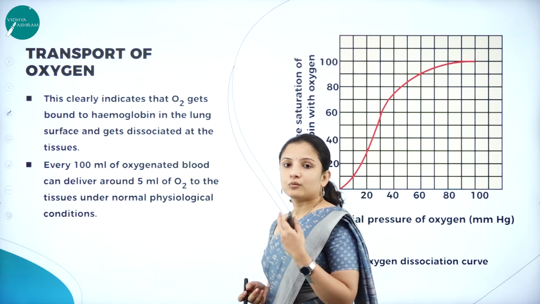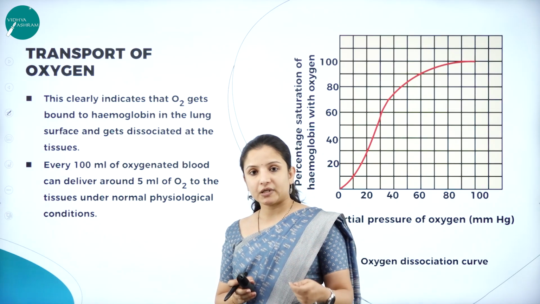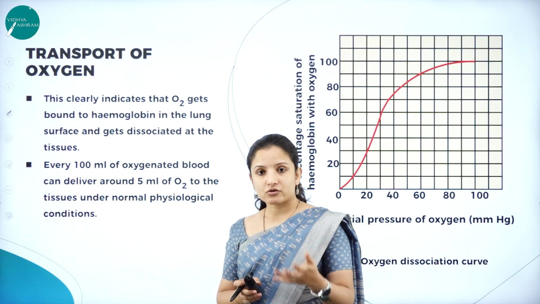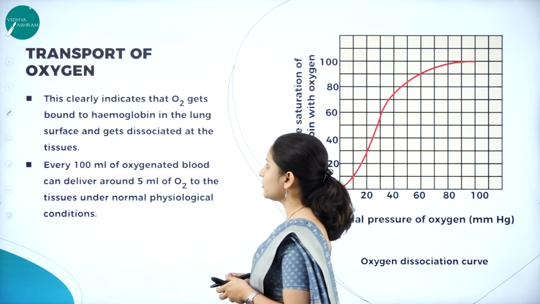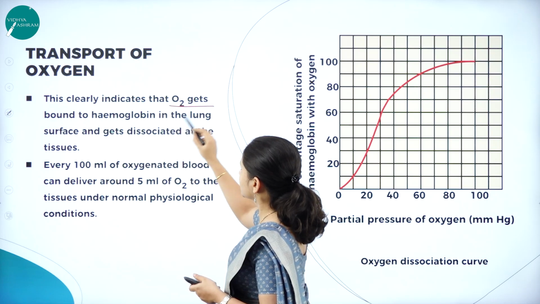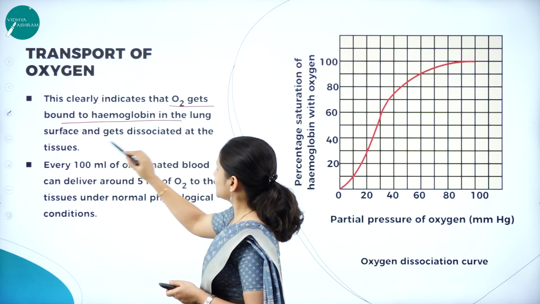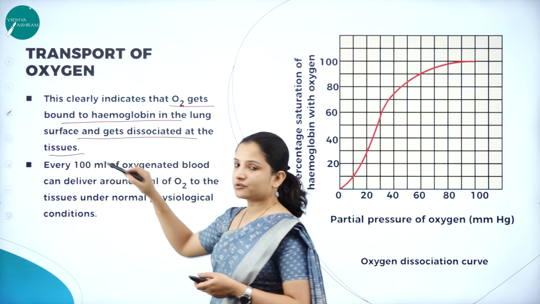Now, whatever I said about the partial pressure of oxygen, carbon dioxide, the hydrogen ion concentration, and the temperature, all this clearly indicates that oxygen gets bound to hemoglobin in the lung surface and it gets dissociated in the tissues. That is true, right?